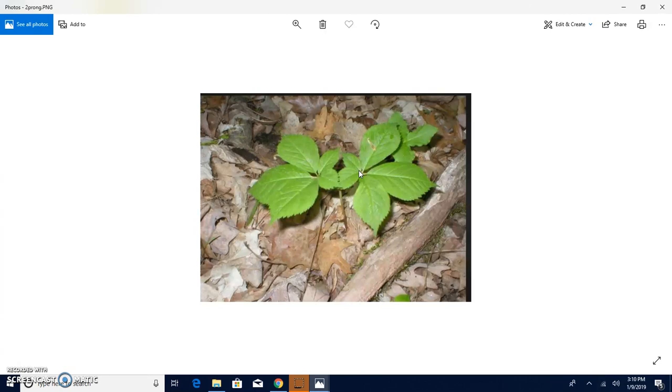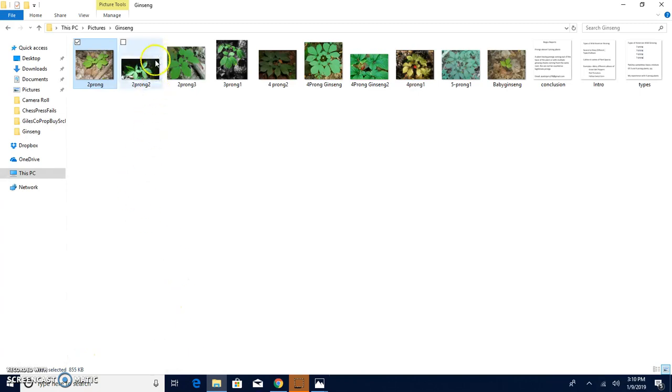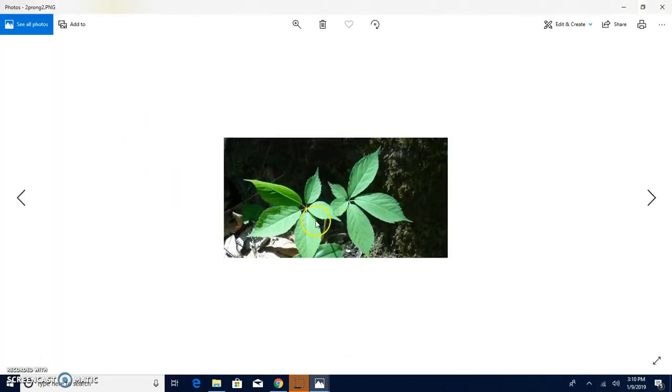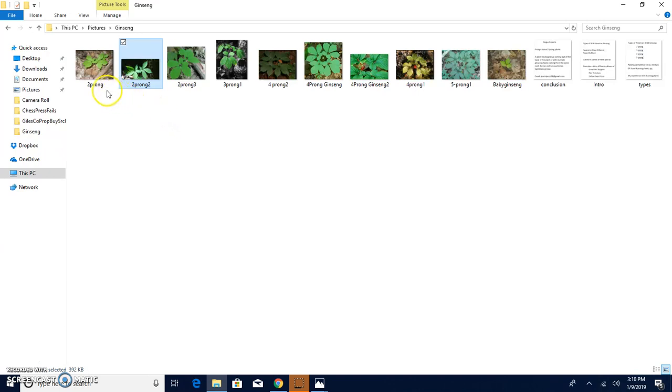That's a 2 prong. Let's take a look at another picture of a 2 prong. You can see they're 180 degrees, or directly across, from each other. Let's see if I've got any other 2 prongs.